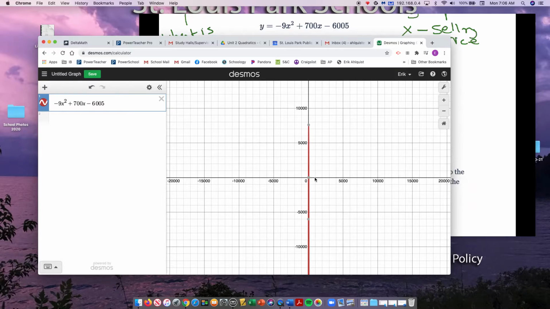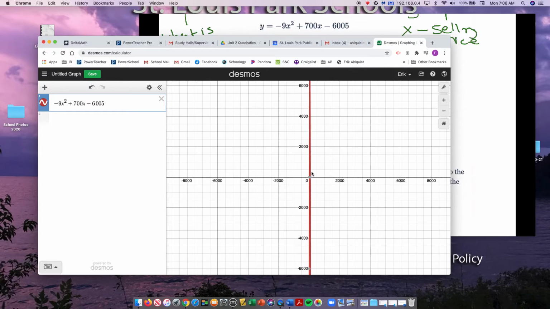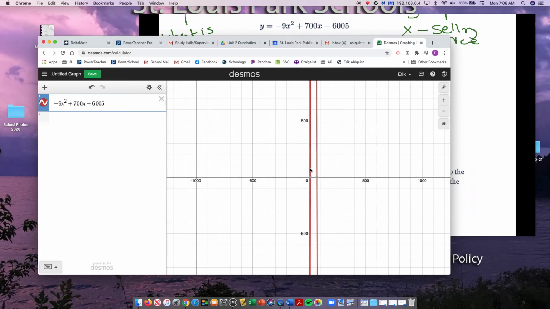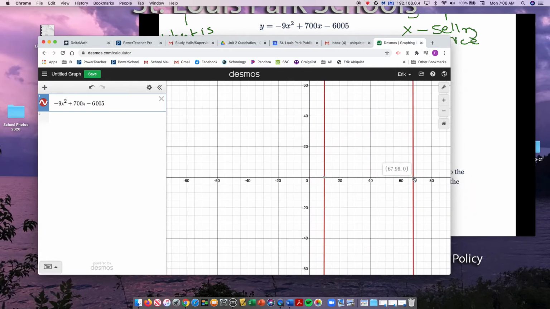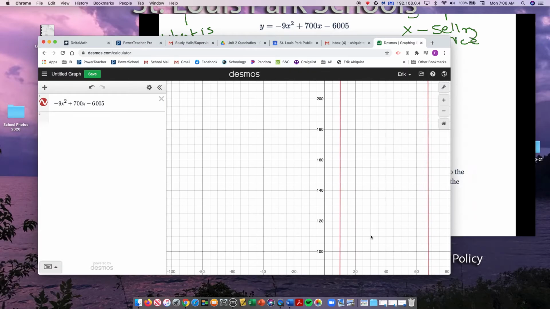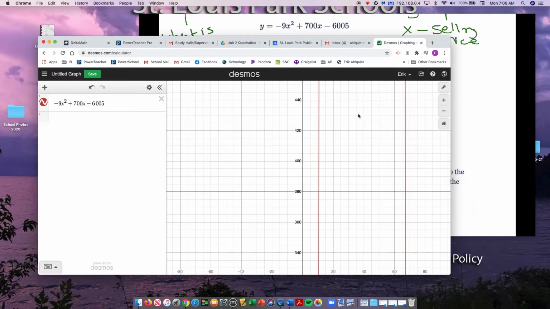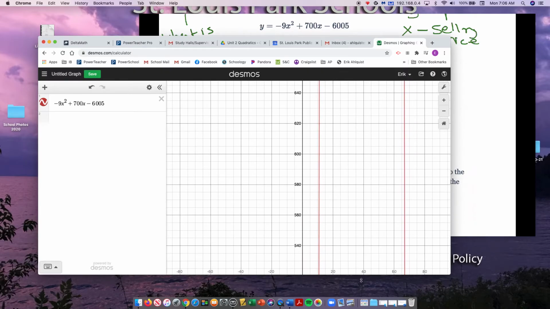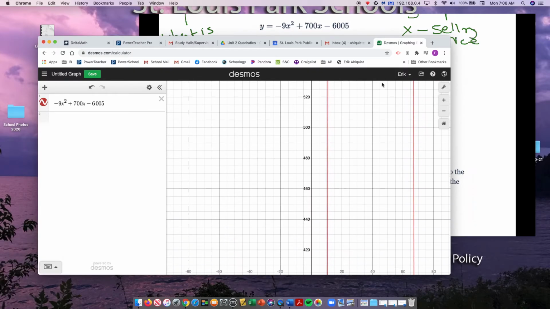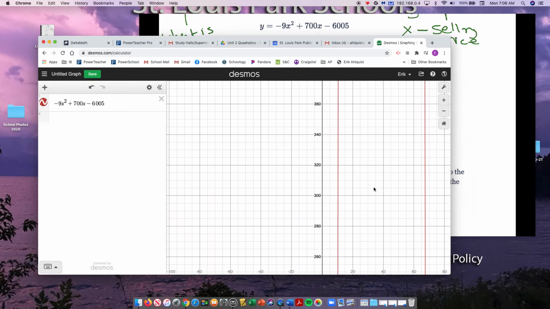Well, we could change this a little bit if we wanted to. Notice that way down here, our two roots were between 70 and 80 and right about 10. So what I can do is hit this little wrench here, and it changes my graphing settings. Notice that my maximum, I could drag this all the way up, but my maximum is going to be way up there at the top.